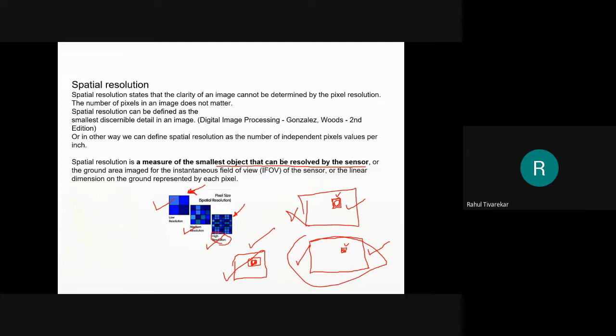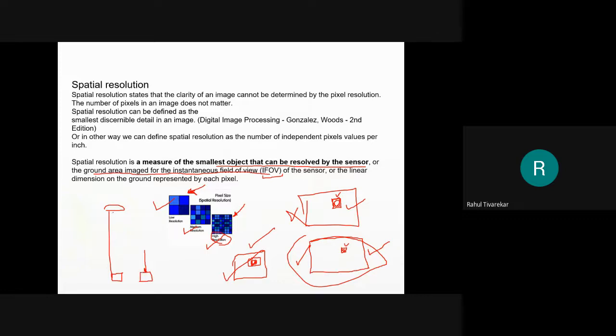So the other definition is the ground area imaged for the instantaneous field of view, IFOV. This kind of definition is generally used for the cameras which are mounted on satellites, because from a satellite some cameras can sense one vehicle on the ground as 1 pixel, and some cameras can sense one big house as 1 pixel, or a big building as 1 pixel.